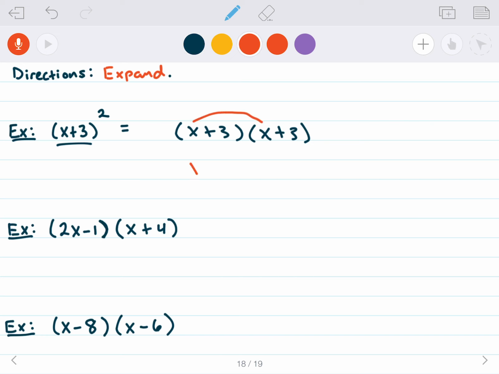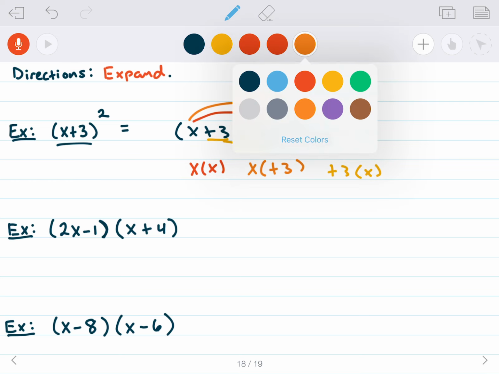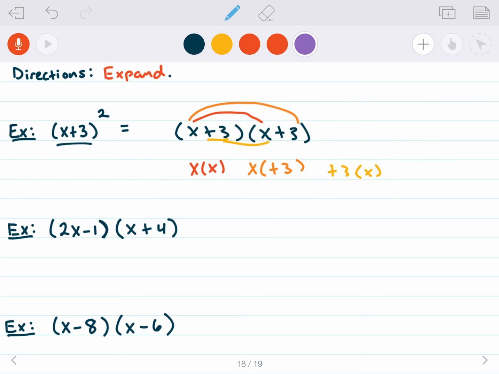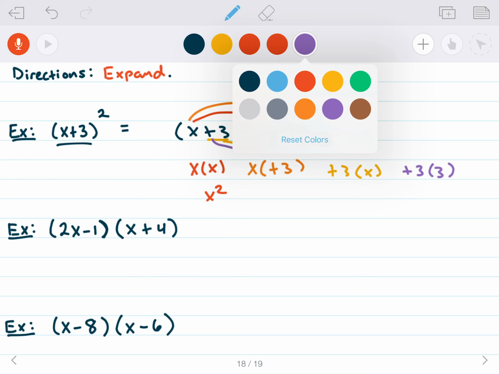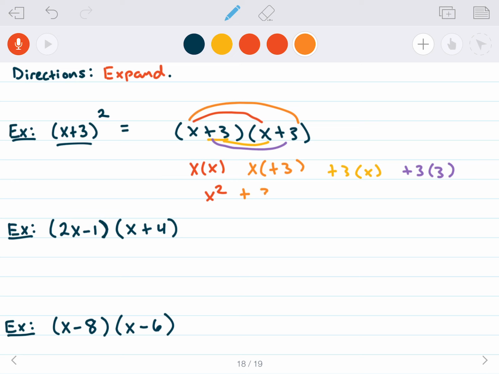X times x. Outer, x times positive 3. Inner, positive 3 times x. Last, positive 3 times positive 3. Okay, x times x is x squared. X times positive 3 is a positive 3x.